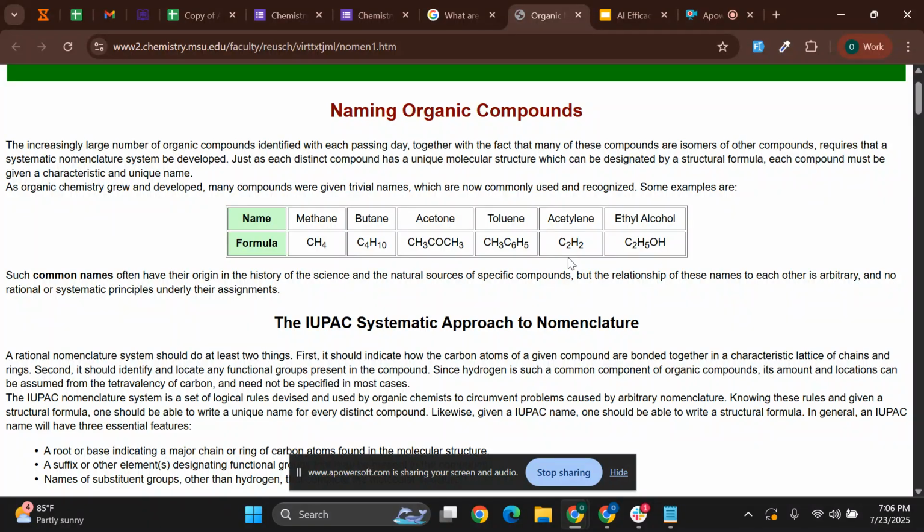Such common names often have their origin in the history of the science and the natural source of specific compounds, but the relationship of these names to each other is arbitrary, and there is no rational or systematic principle underlying their assignment.